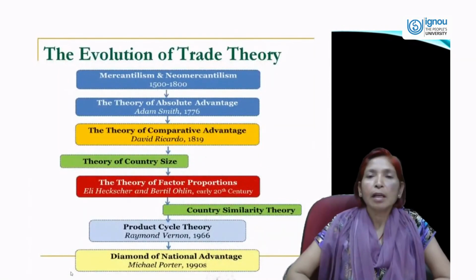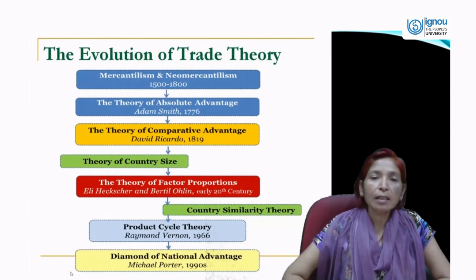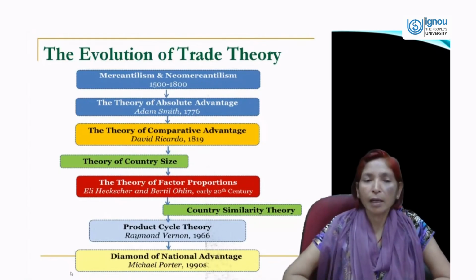Next is the evolution of trade theories. How these theories evolved and when they originated. First of all, mercantilism and new mercantilism theory evolved in 1500 to 1800. The time period of this theory is 1500 to 1800. The theory of absolute cost advantage was explained by Adam Smith in 1776.